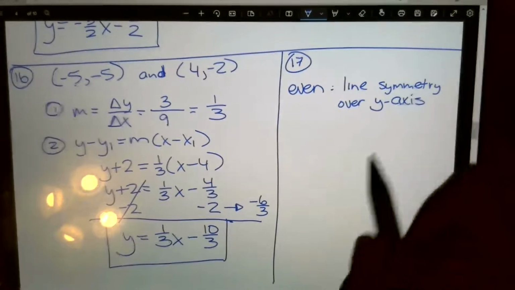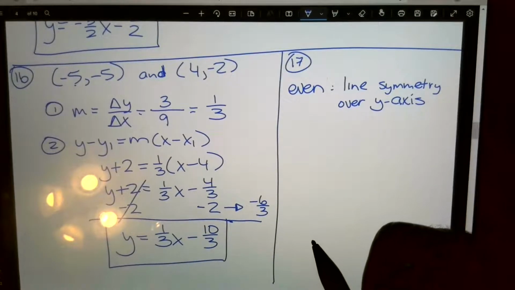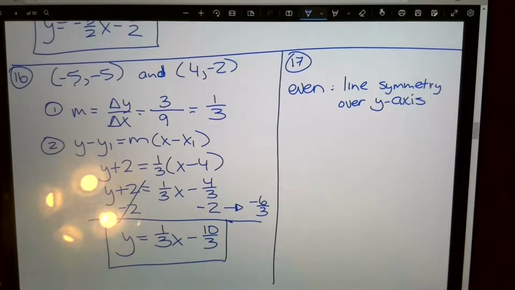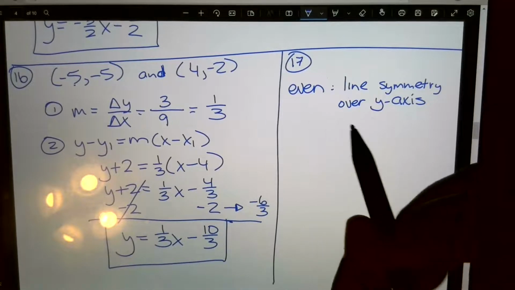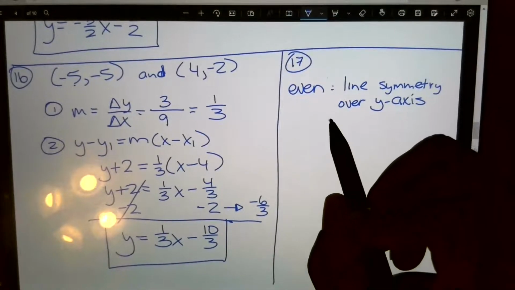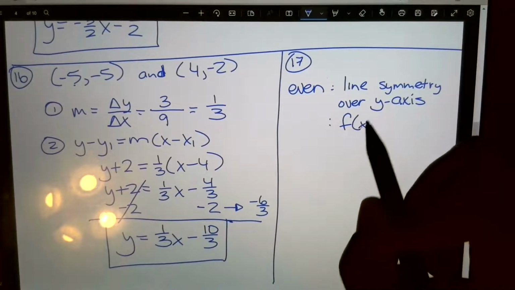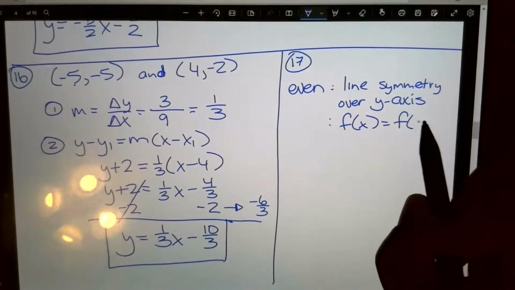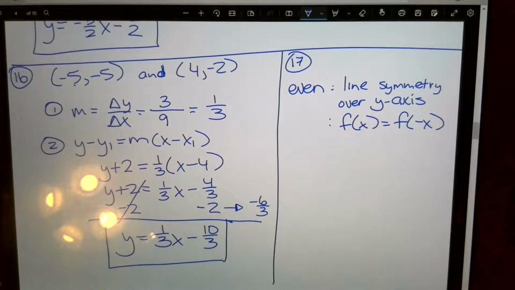In other words, you can fold it in half. This is shown by f of x is equal to f of negative x. In other words, if I plug a positive number into the function, or the negative of that positive number, I get the same answer.